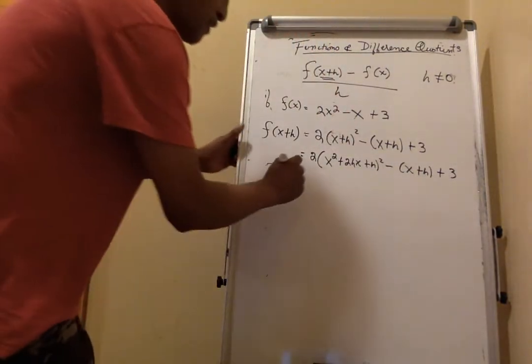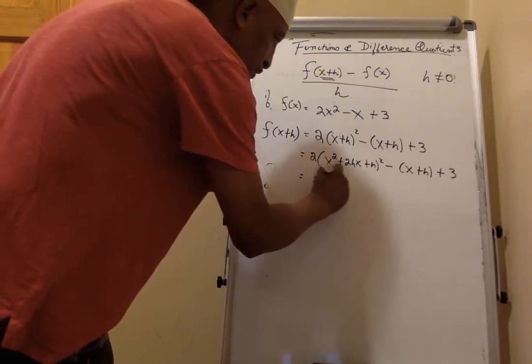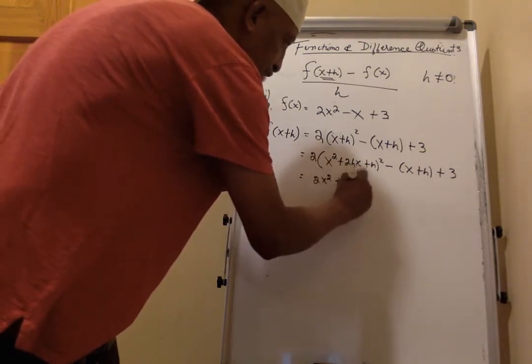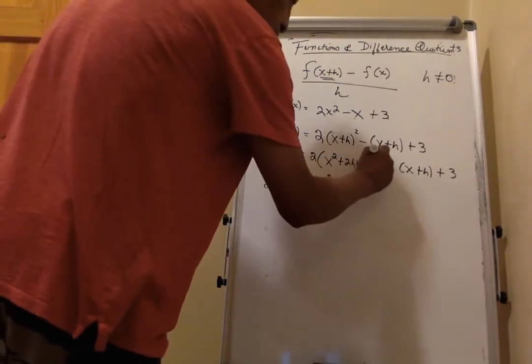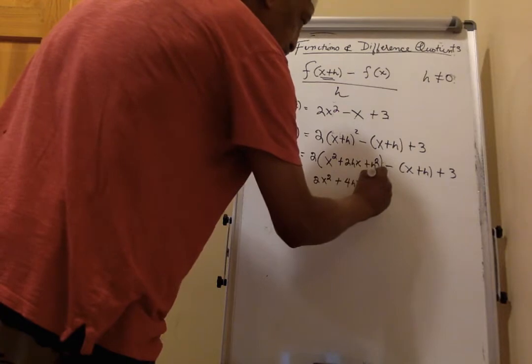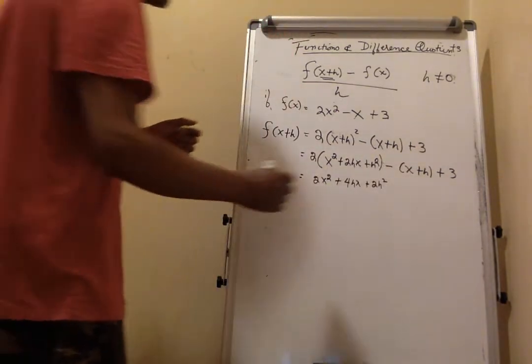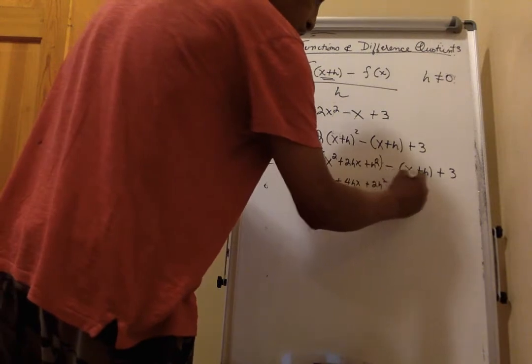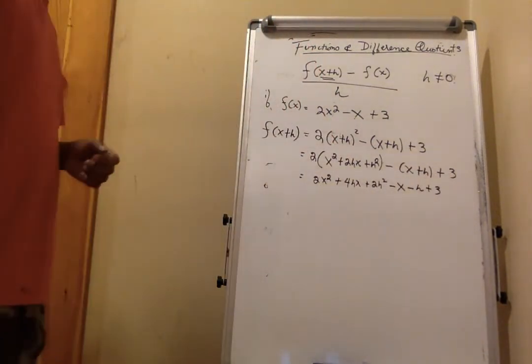Let's go ahead and simplify this again. So this becomes 2x squared plus 4hx plus 2h squared. Let's distribute the minus sign. So this is minus x minus h plus 3. Okay.